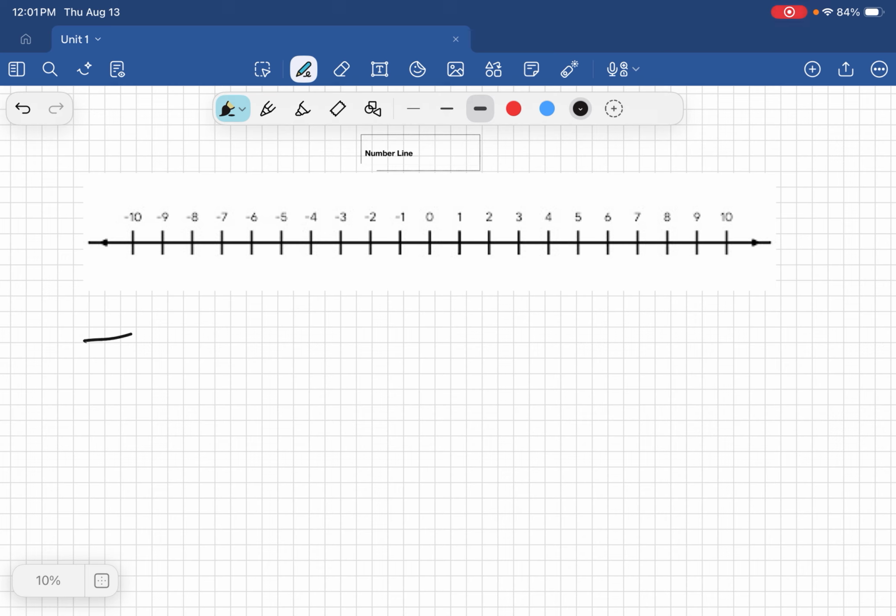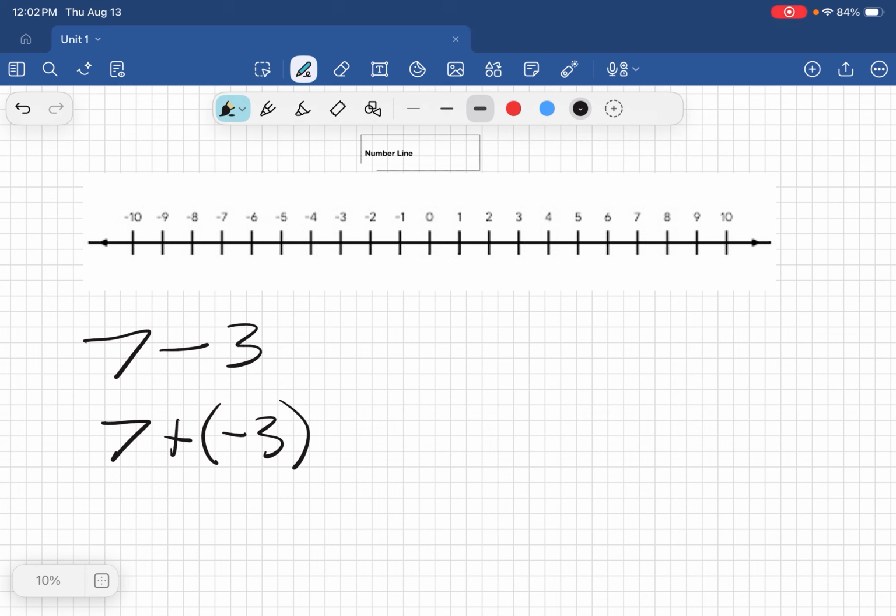Let's write 7 minus 3. We're subtracting a positive 3. The opposite of positive 3 is negative 3. So let's rewrite the problem as 7 plus negative 3. Now we can use what we learned about adding integers.